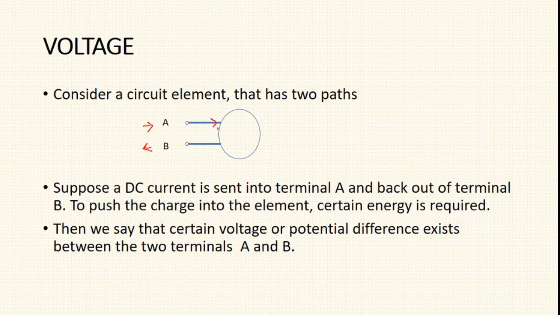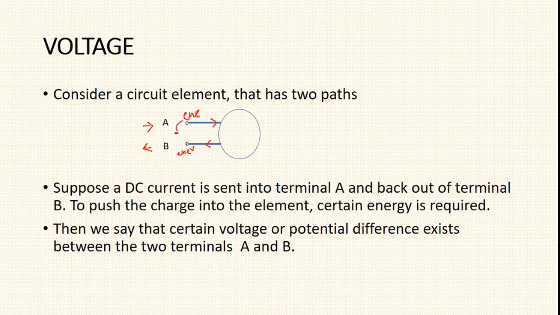So if I must push the electrons into this element, I must possess some energy. So point A must possess some energy. Similarly at point B, there must definitely be some energy if I want to bring back that current out of the terminal B. So at this point also some energy exists.